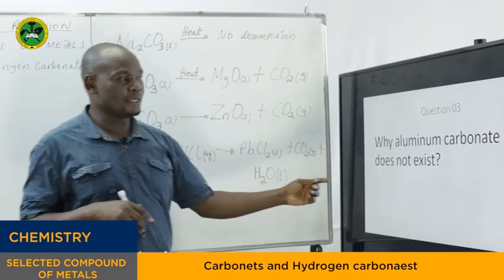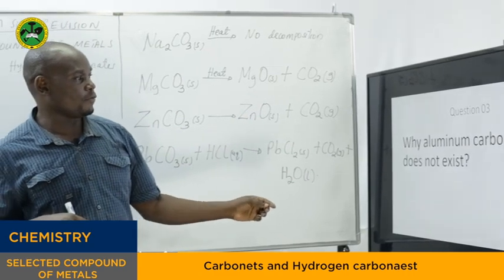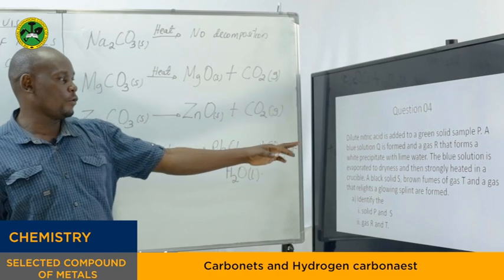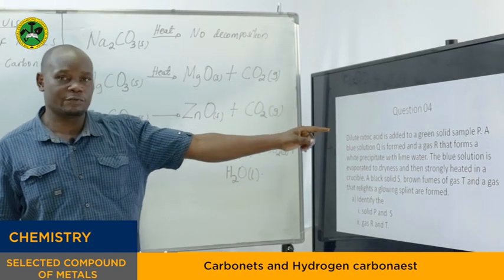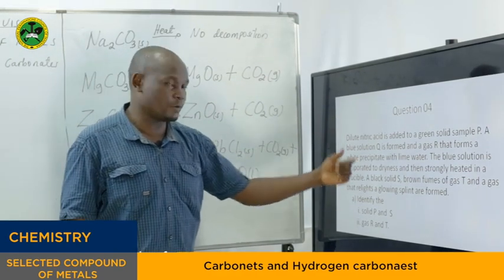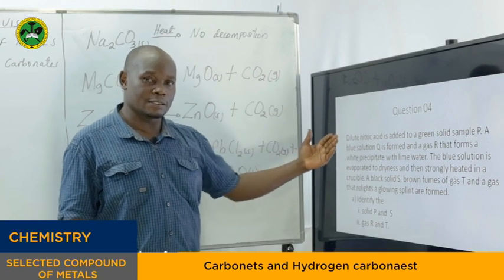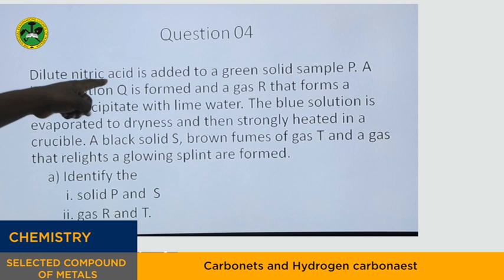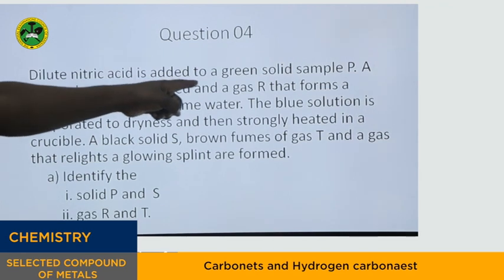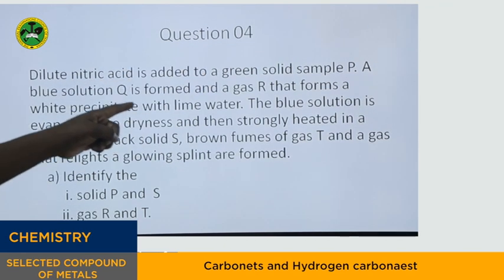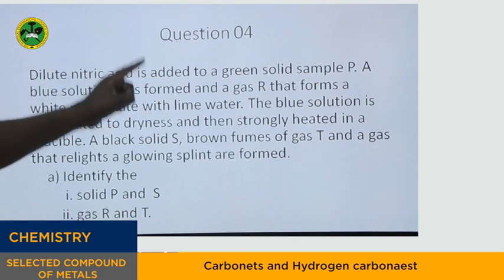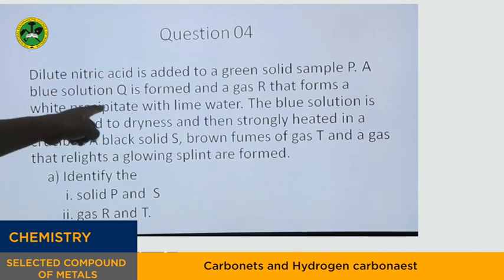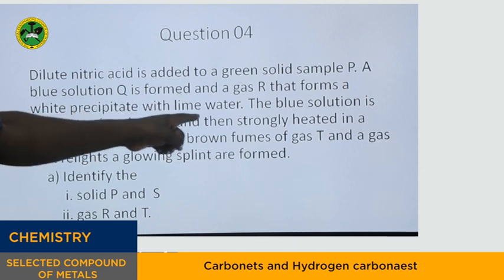And the second assignment for you is question number 4, according to the series of questions that you have tried to answer some of them. The question is: dilute nitric acid is added to a green solid sample P. A blue solution Q is formed, and a gas R that forms a white precipitate with lime water.